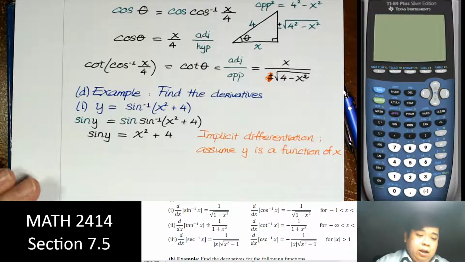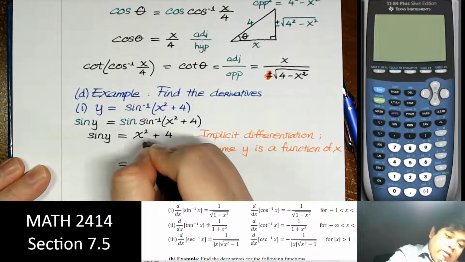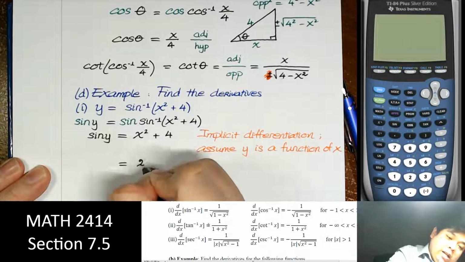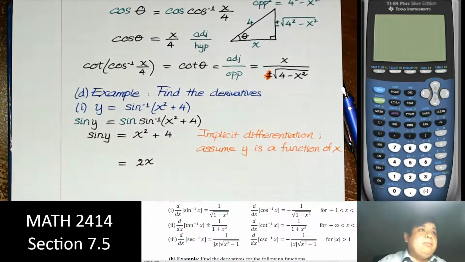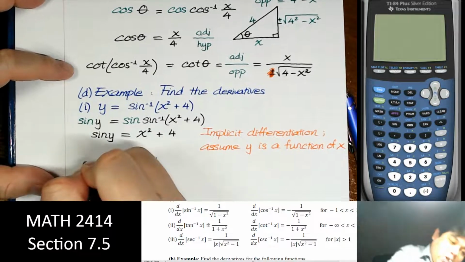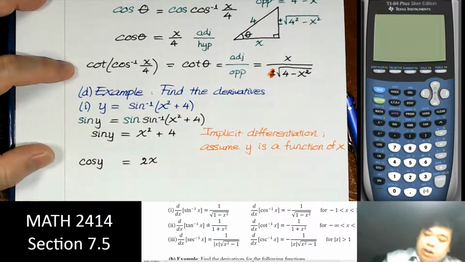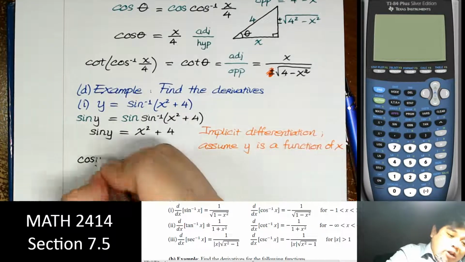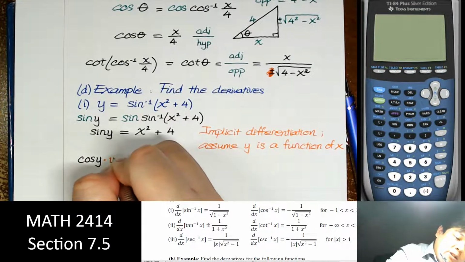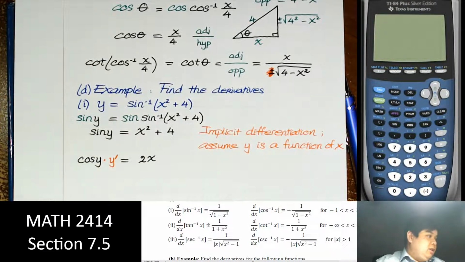So we take the derivative of both sides. The derivative of x squared plus 4 is just 2x. And the derivative of sine y is cosine of y, because this is implicit differentiation. y is a function of x, so we have to have y prime here.